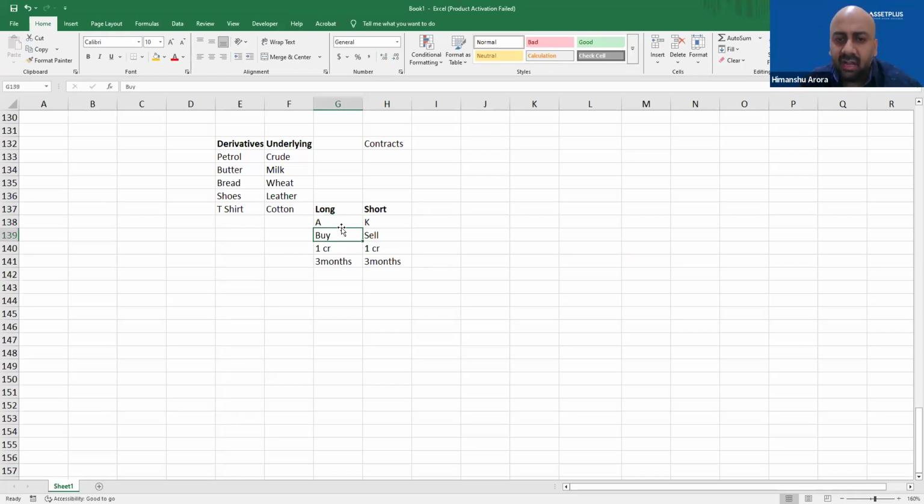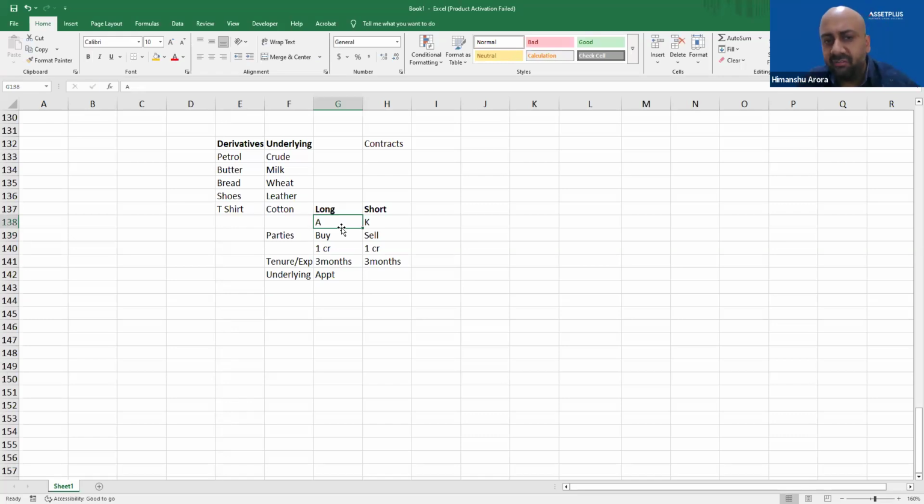asset, where the underlying asset is the apartment. This is the underlying asset. This is the tenure or expiry. The party is long or short, or buy and sell.